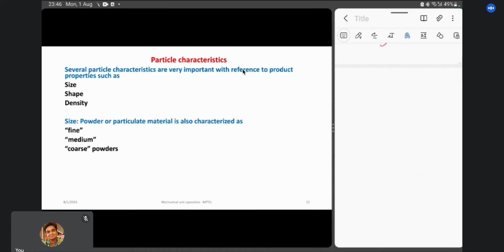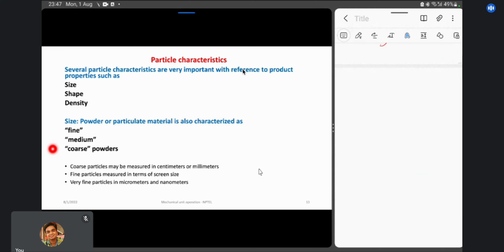Roughly, coarse particles are measured in centimeters and millimeters, while fine particles are always measured in terms of screen size, and very fine particles are in micrometers and nanometers.